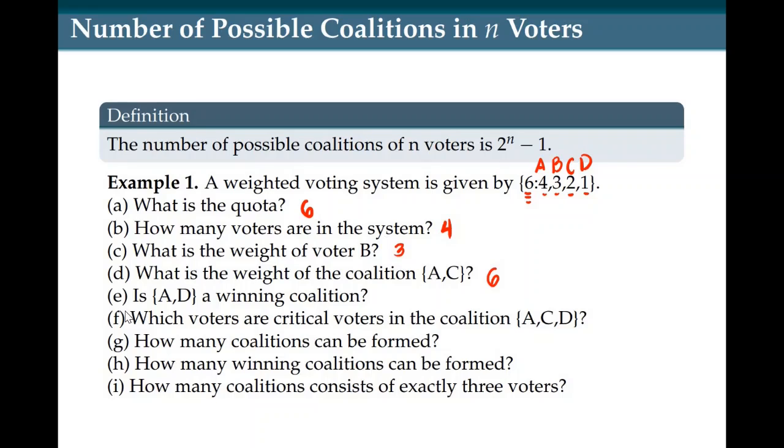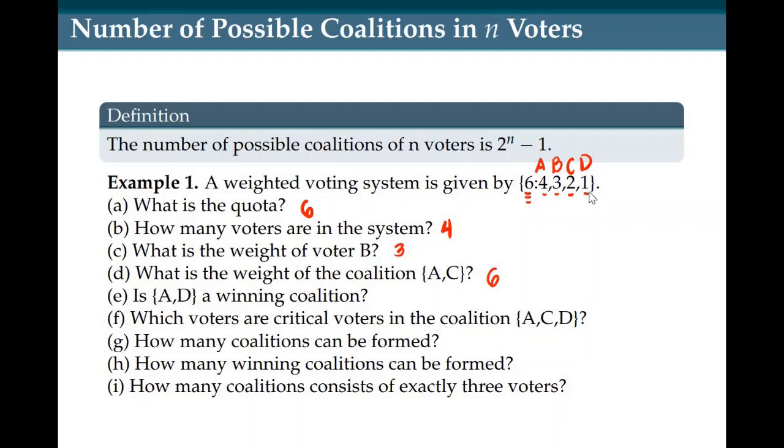Is the coalition AD a winning coalition? When we say winning coalition, the sum of whose votes should be greater than or equal to the quota. So voter A has 4, voter D has 1.